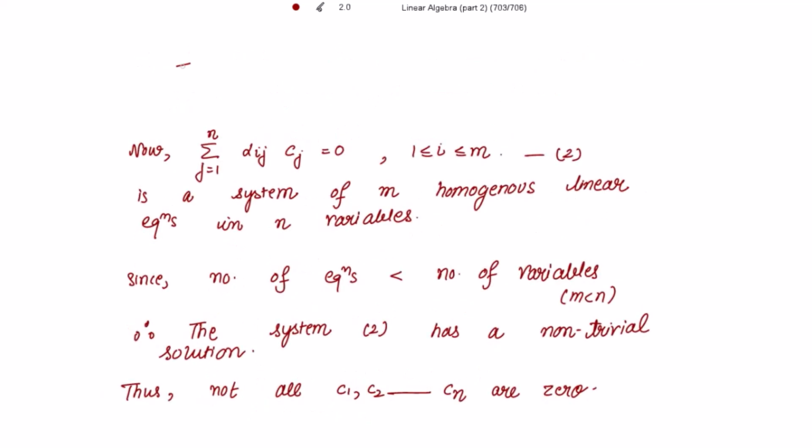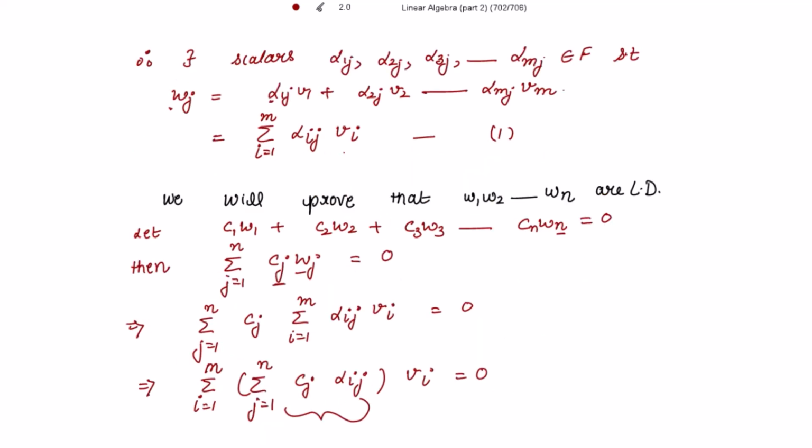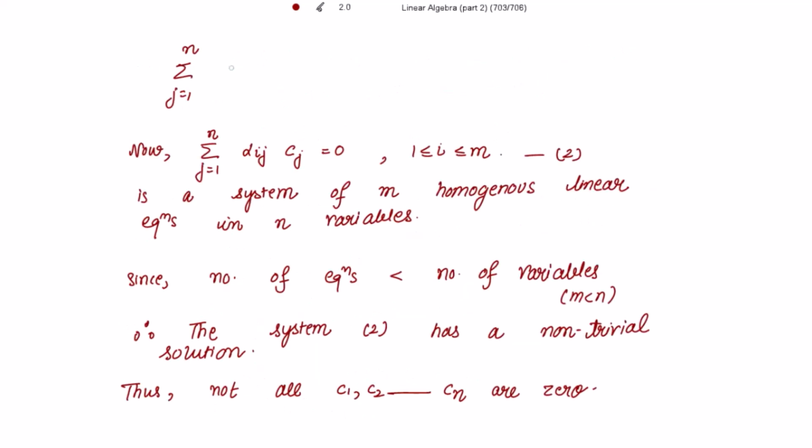Summation j going from 1 to n of Cj alpha ij is equal to 0, for i going from 1 to m. Marking this as 2.